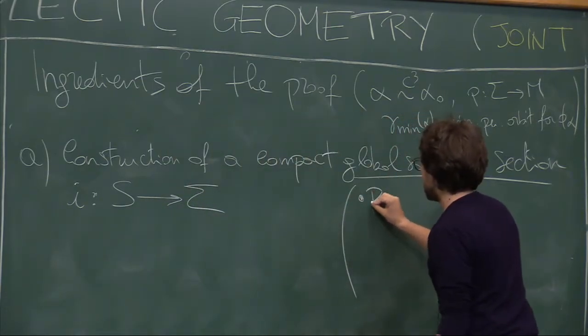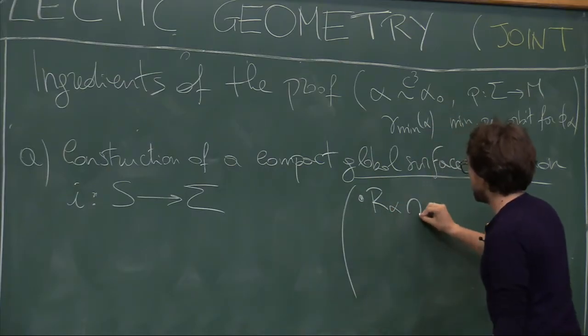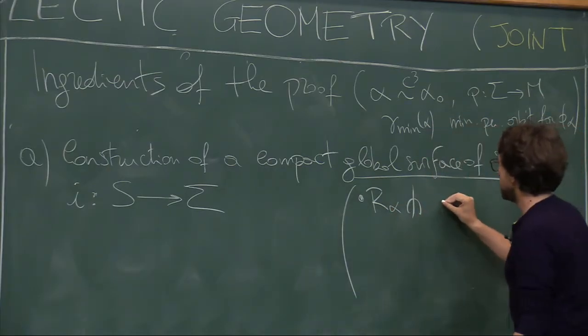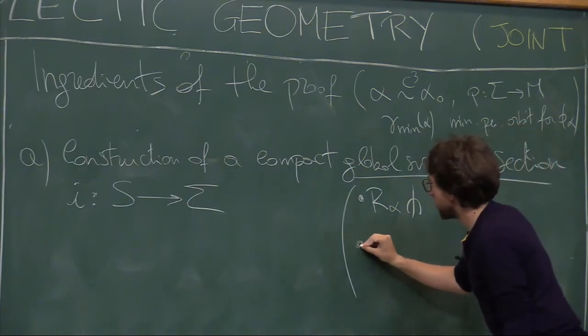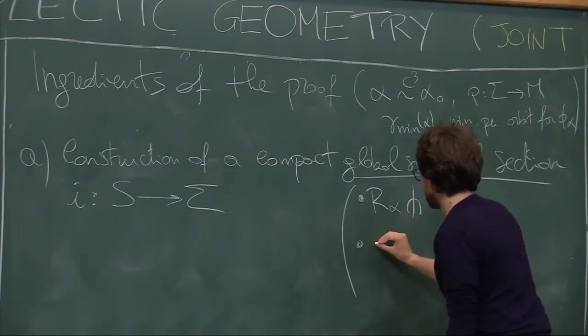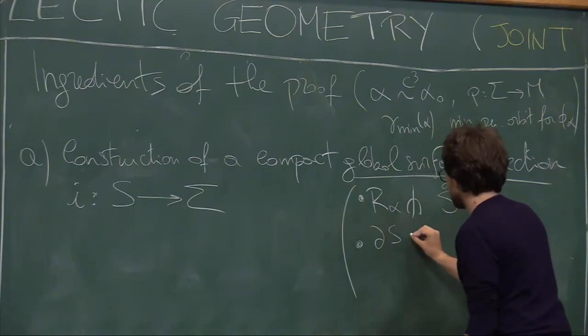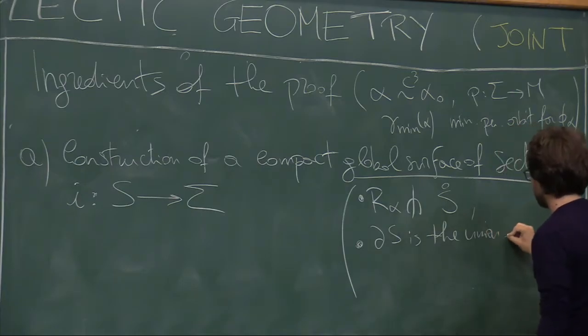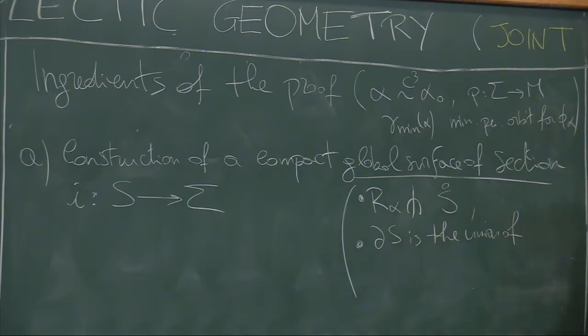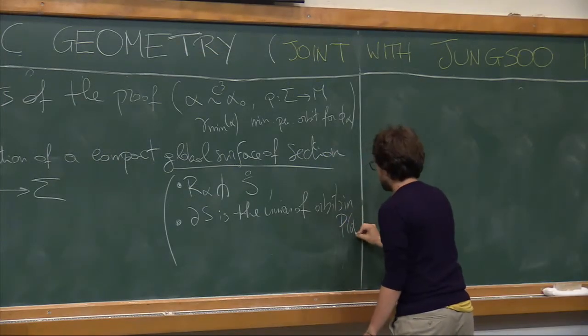The first hypothesis is that the Reeb flow is transverse to the interior of S. The second one is that the boundary of S is the union of orbits in P of alpha.